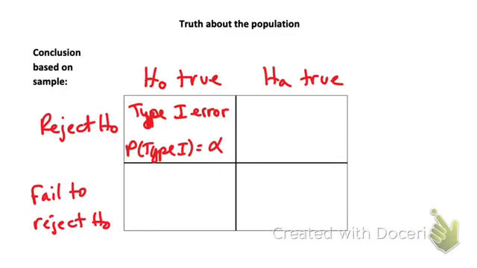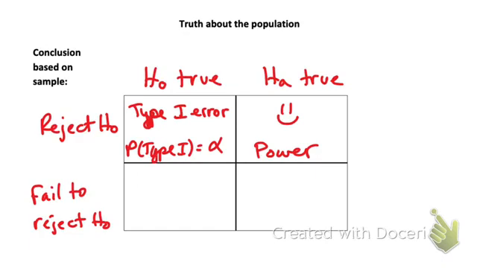If I reject the null hypothesis in favor of a true alternative, what have we done? We have done a good job, and this is exactly power. This is where power is. If I correctly reject the null hypothesis, that's power right there.